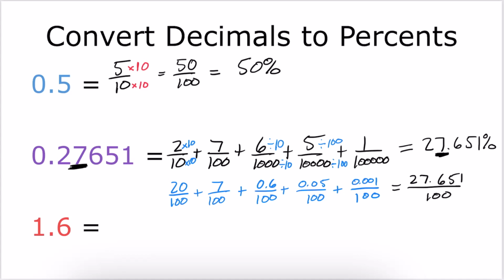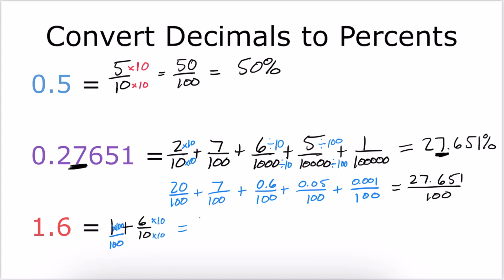So if you had a number like 1.6, in that case, you're going to get a percentage that's bigger than 100%. Because if you write out the place values of this, you would have 1 plus 6/10. If you want to make denominators of 100, because percentages are just special fractions with denominators of 100, you would have the top and the bottom multiplied by 100. And on this one, you'd multiply by 10 over 10.